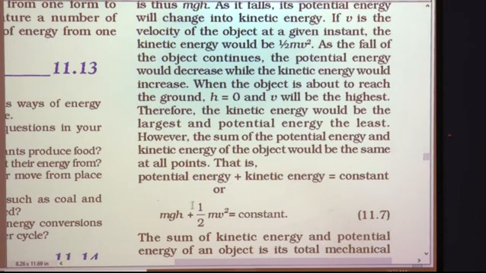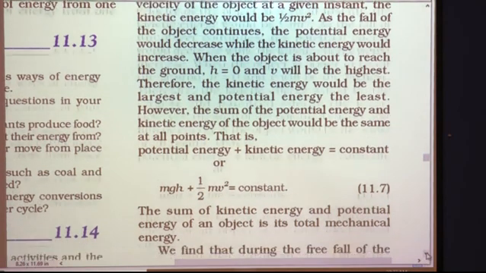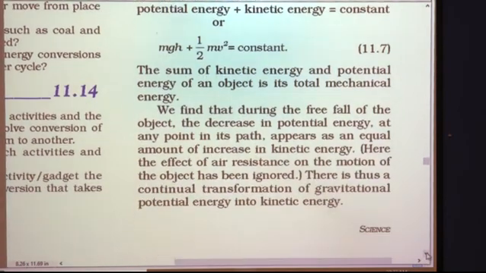Potential energy is mgh plus kinetic energy is half mv square. So, the value of mgh plus half mv square is equal to constant. This constant value is nothing but the total energy. The sum of kinetic energy and potential energy of an object is its total mechanical energy.